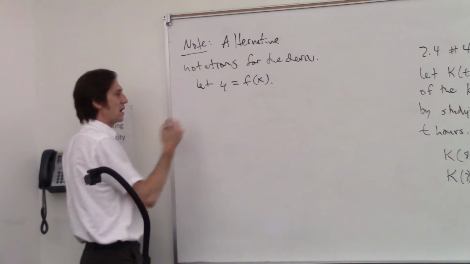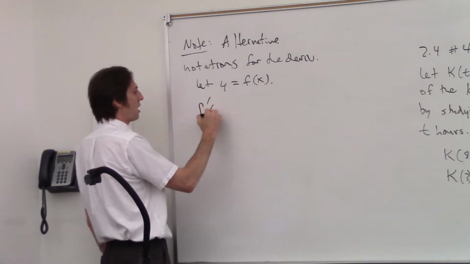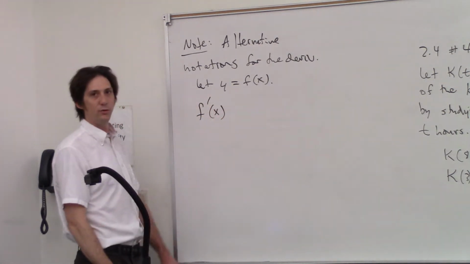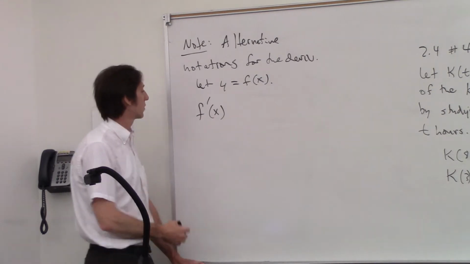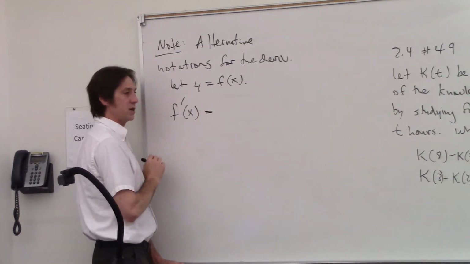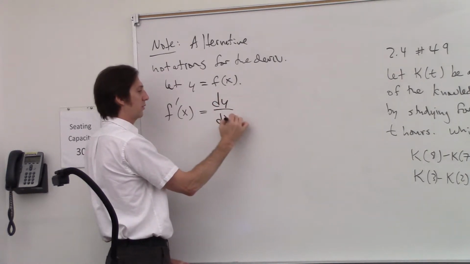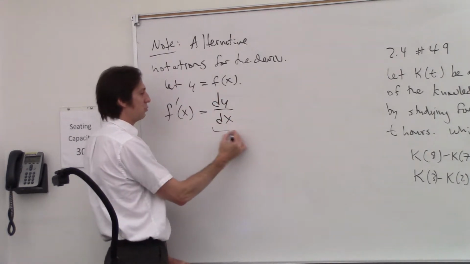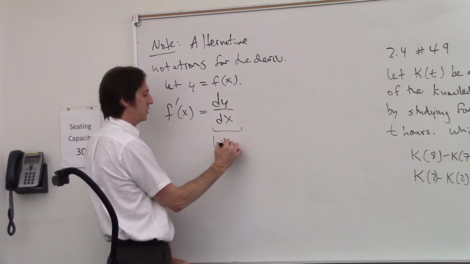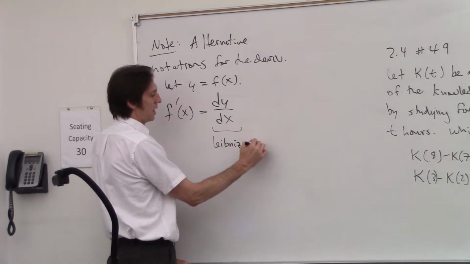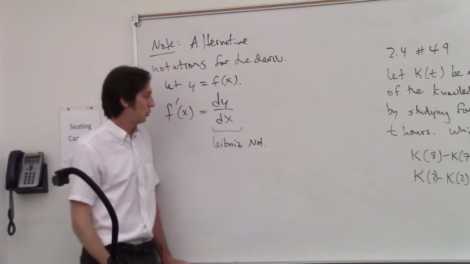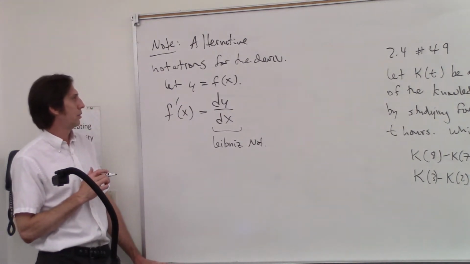The notation that I have for the derivative right now is f prime of x. This is notation that we've been using all along. An alternative notation, which is also very common, is dy dx. As I mentioned in the book, dy dx is called Leibniz notation, after Leibniz, who was one of the founders of calculus along with Newton.